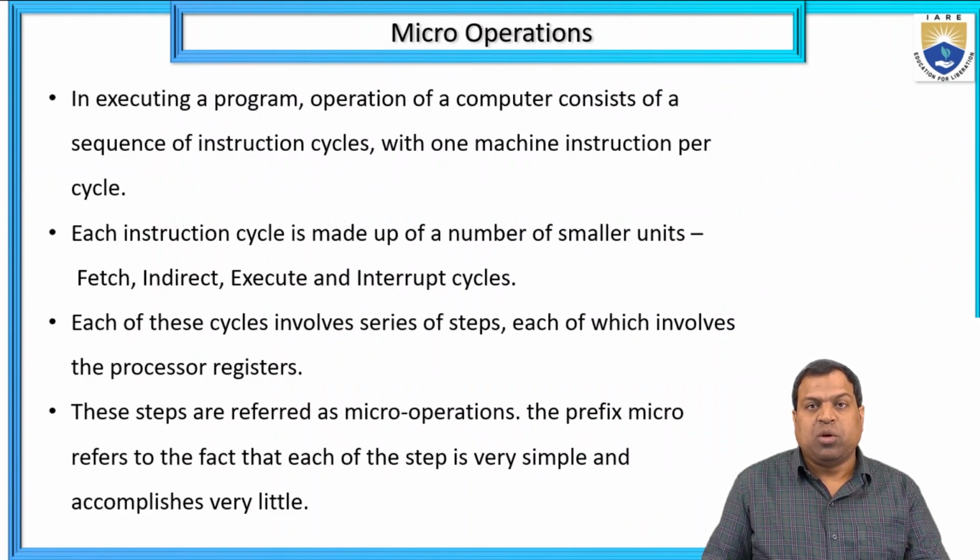In executing a program, the operation of a computer consists of a sequence of instruction cycles, with one machine instruction per cycle. Each instruction cycle is made up of a number of smaller units: fetch, indirect, execute, and interrupt cycles. Each cycle involves a series of steps, each of which involves the processor registers.